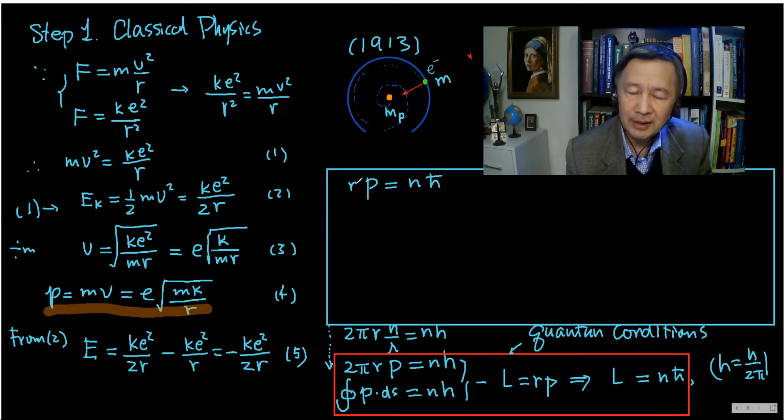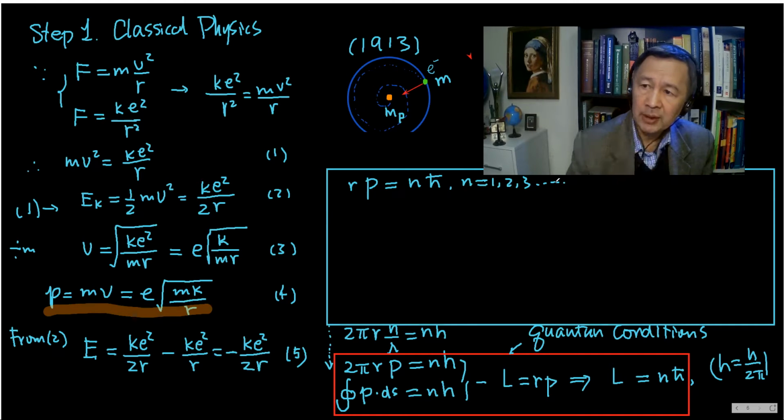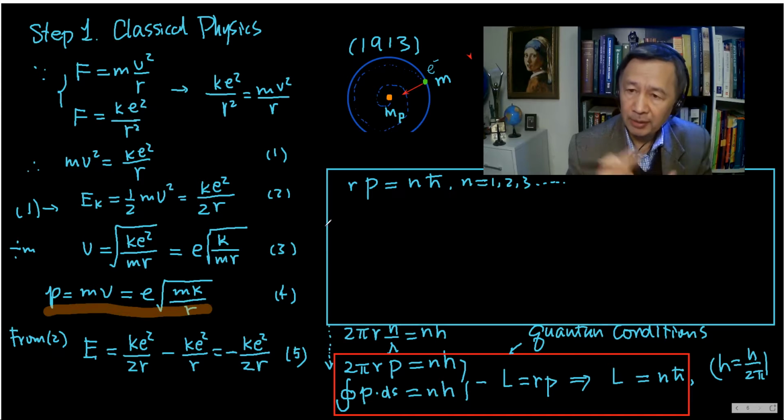So from here you can see R and P, the product of R and P, which is actually the angular momentum, is equal to n multiplied by h bar, where n equals 1, 2, 3, an integer. So this implies that the product of R and P, or angular momentum, must be discrete.